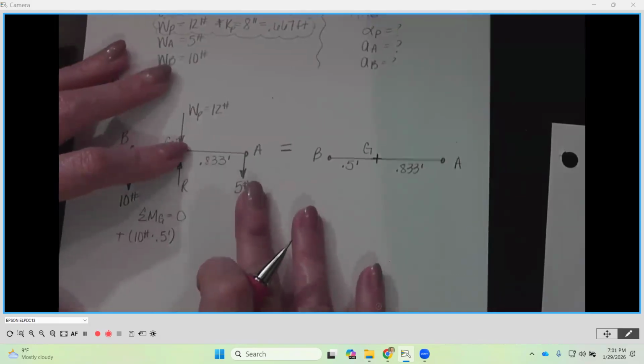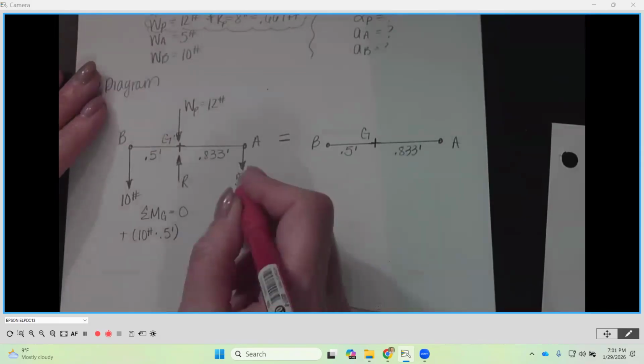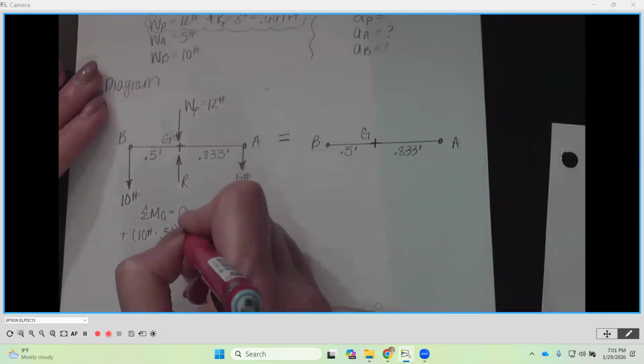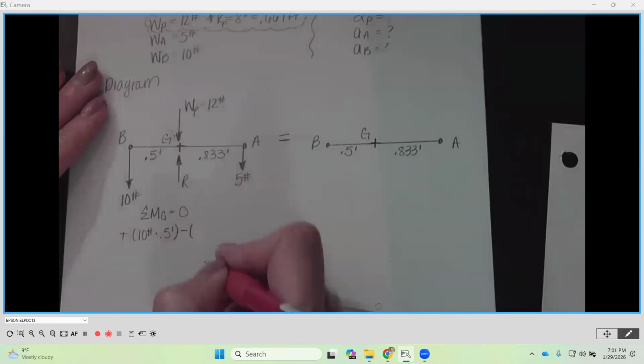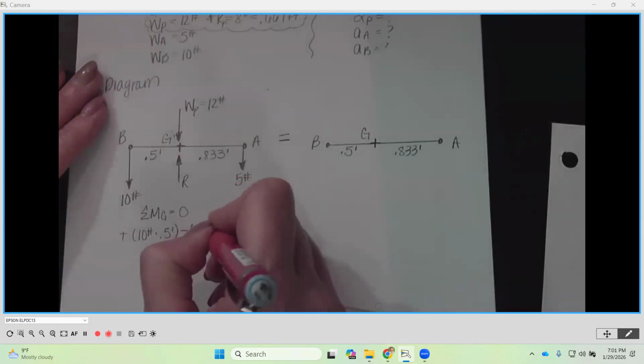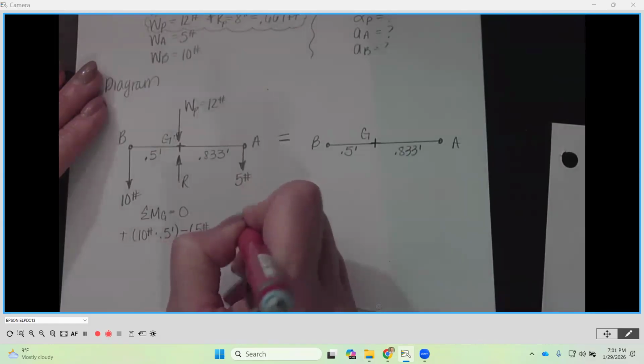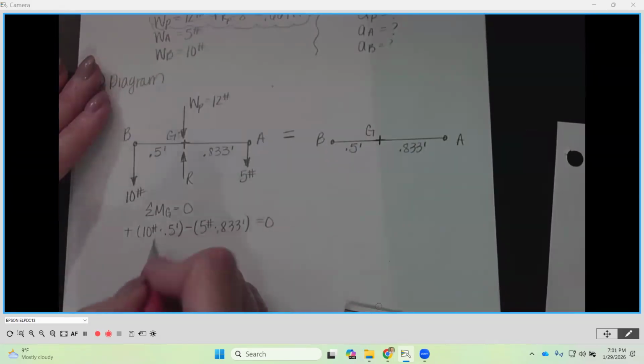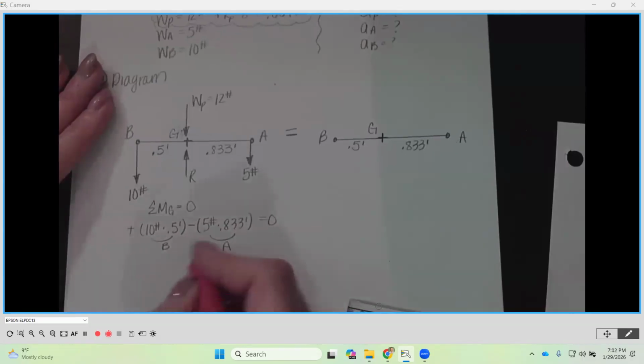If I go around G again and I pull in the direction of my A, my 5 pounds, I am going to have a negatively directed moment. It's going to be 5 pounds times 0.833 feet, okay? Equal to 0. So if I put this one to the other side and I multiply these out, this one is B, this one is A, the moment B, the moment A.